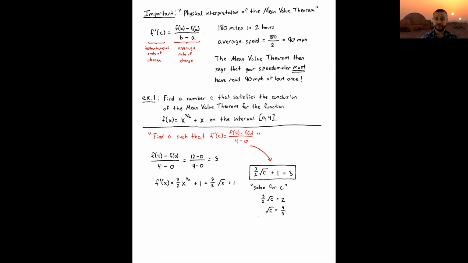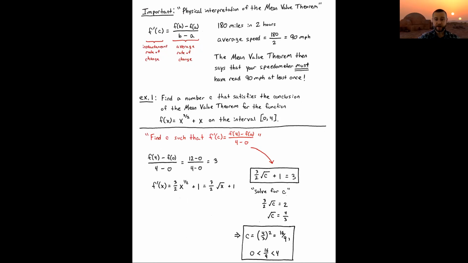So from there, to solve for c, we square each side. And what we get is 4/3 squared, which comes out to 16/9. Now, part of the mean value theorem says that the value c that we find here has to be in the open interval from 0 to 4.